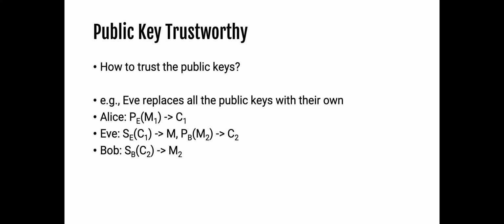But then how are we going to trust the public key that we receive from one person? There is a very interesting and nice infrastructure set up to guarantee the security, or say the trustworthiness, of public keys. We will talk about that in the next lecture or the one after, depending on how far we go.